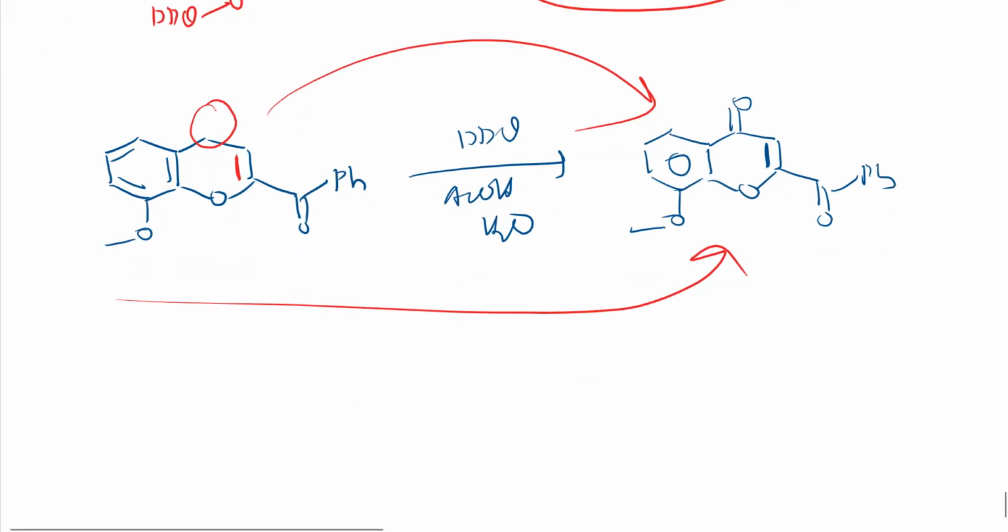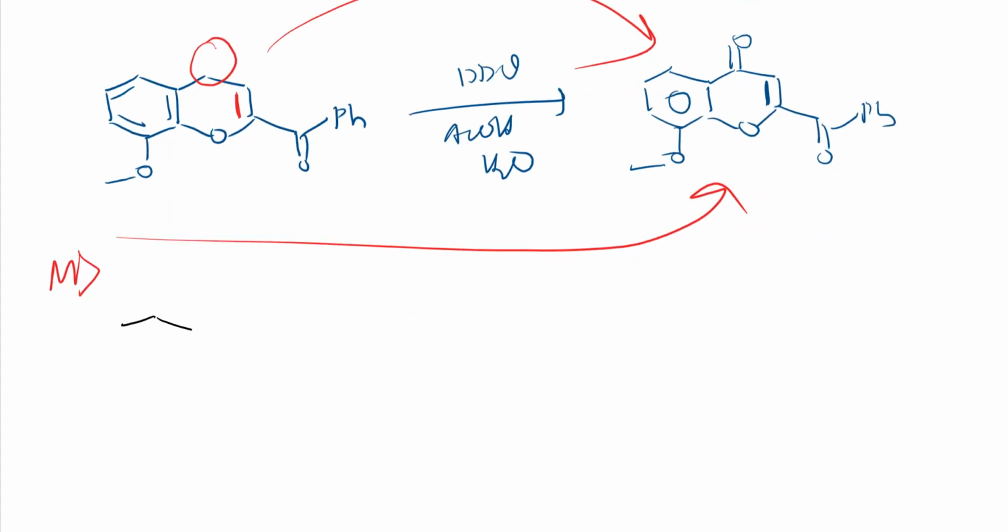Let me give you the mechanism for this. So what happens? DDQ is there, right? Let me do it fast. This is a benzylic proton, right? So DDQ takes this hydride. I'll write the positive charge here only, right? So this gets a positive charge.